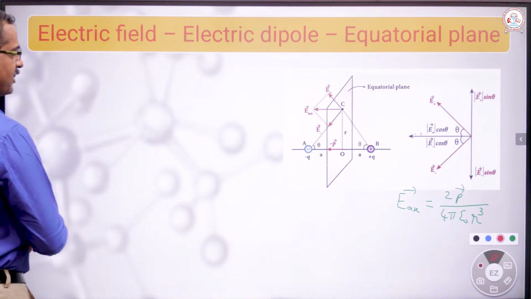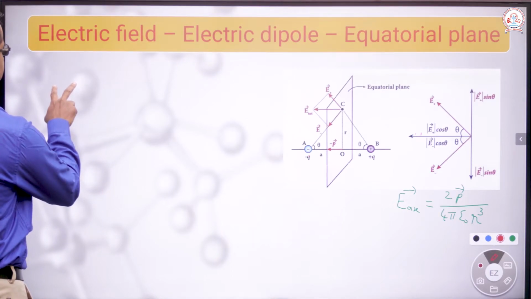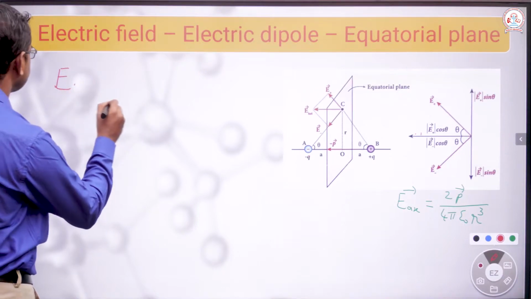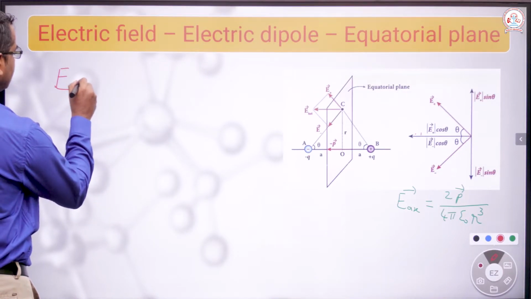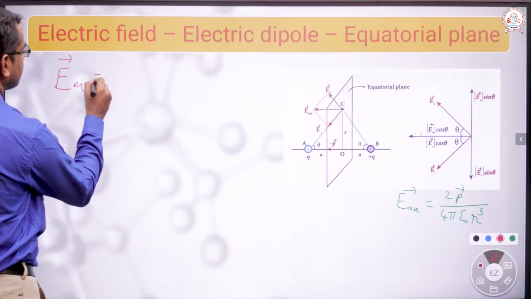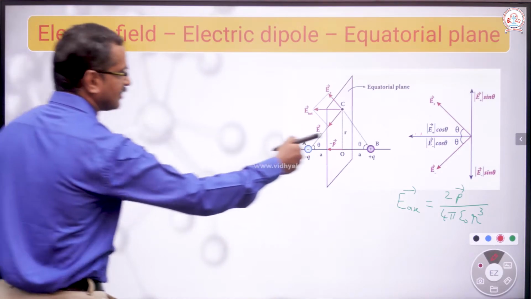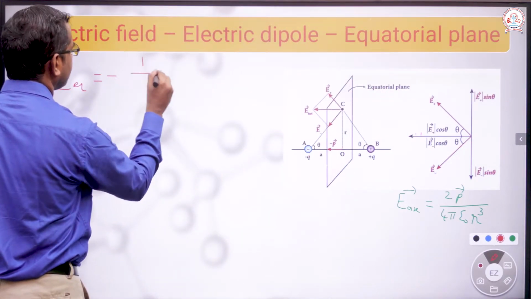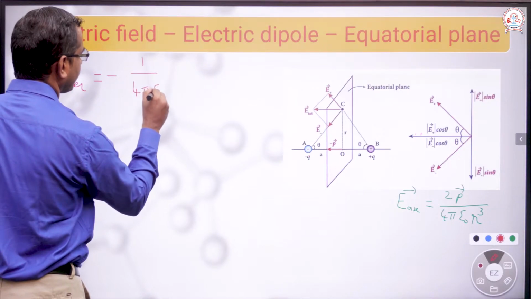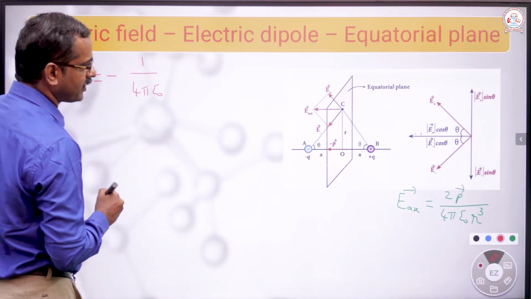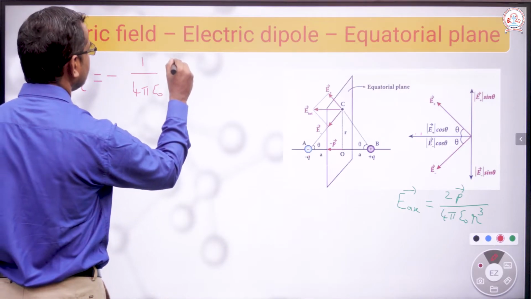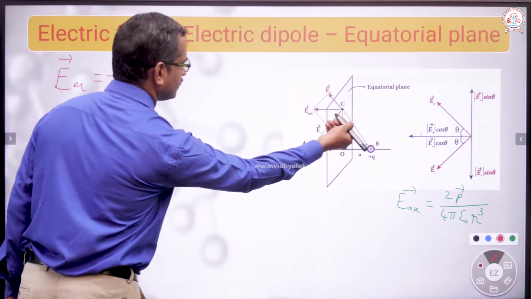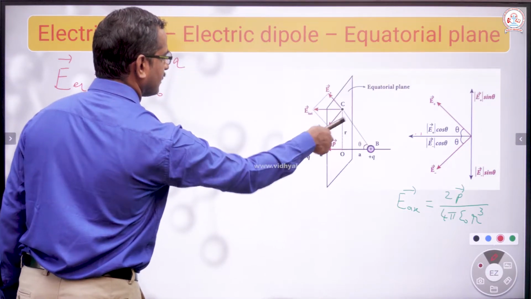So, the electric field at the point C, along the equatorial line, is a vector quantity. You see that this is acting along the minus x axis, therefore minus 1 divided by 4 pi epsilon naught q divided by the distance squared, due to the plus q and due to the minus q.